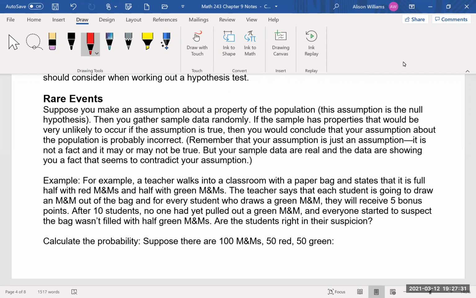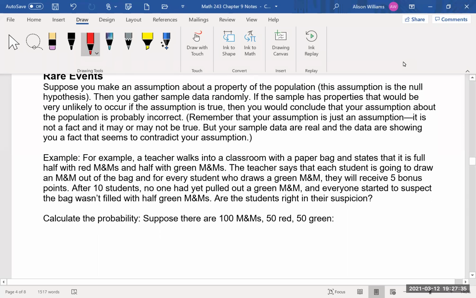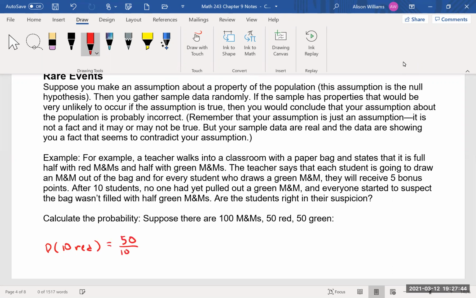The first student grabs an M&M. Here we're going to find the probability that they draw 10 red in a row. That means there are 50 red M&Ms out of 100. Then the second student goes in and pulls out an M&M. Now there's one less M&M in the bag. If there happen to be 49 red left, that'll be out of 99.